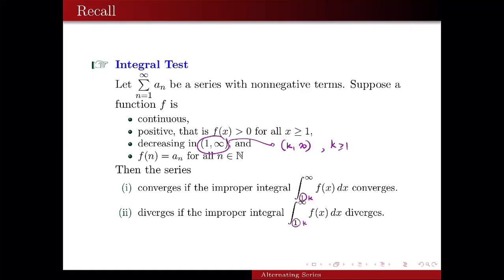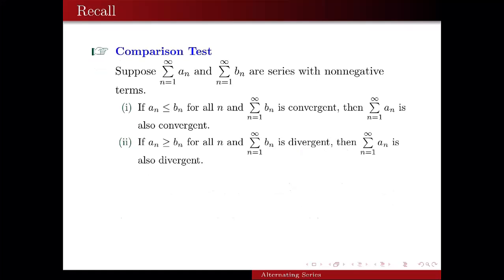And then just earlier, we had the comparison test. We have two series, an and bn, with non-negative terms. If an is less than or equal to bn and the series bn is convergent, then the series an is also convergent. If the bigger series is convergent, then the smaller series will also be convergent.